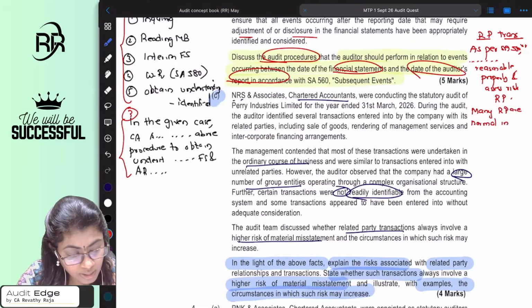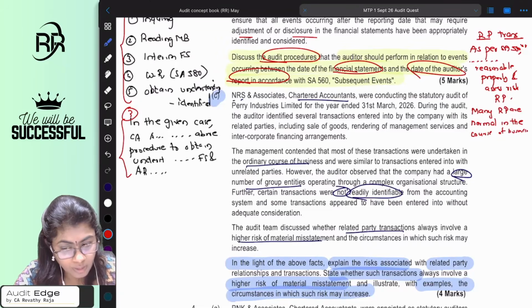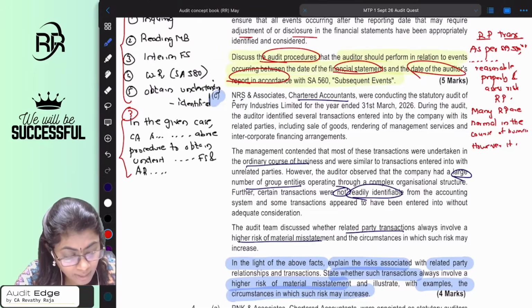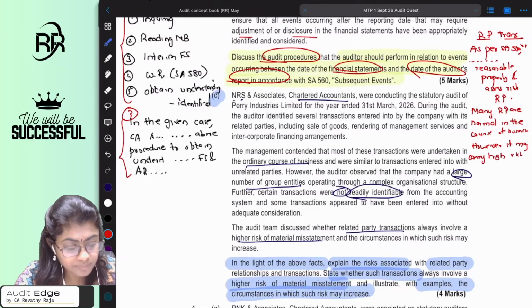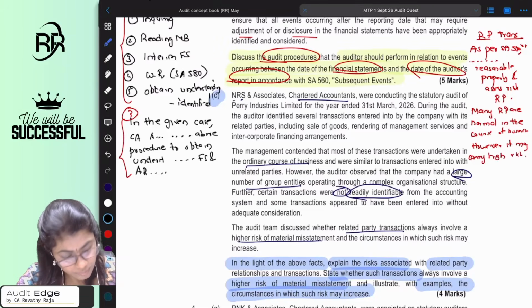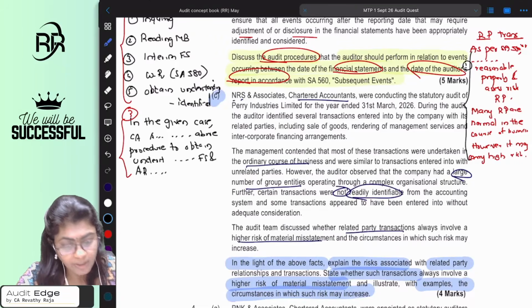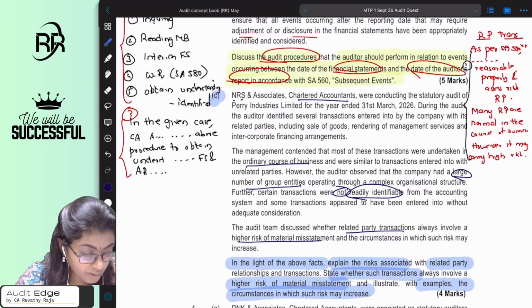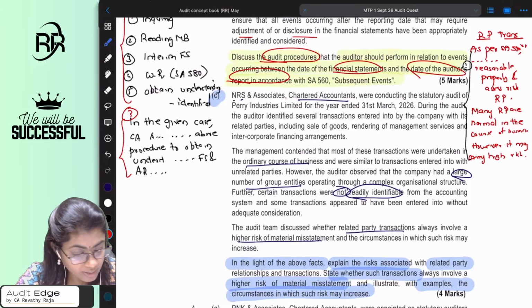However, they may carry high risk. First para. Now, why high risk? That you have to explain.